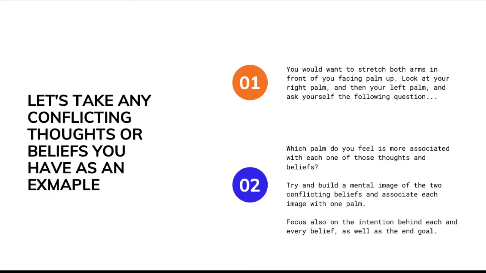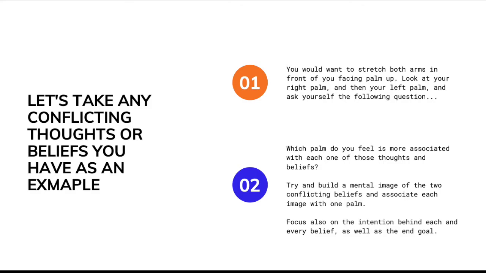And now, once you do this, you'll have your left palm, which is associated with a belief or thoughts that you want to control or limit or eliminate, and your right palm, which is associated with the behavior, thoughts, or beliefs that you actually want to reinforce. And you have a mental image formed with each and every one of them, and you also have an end goal that is linked to each and every one of them.